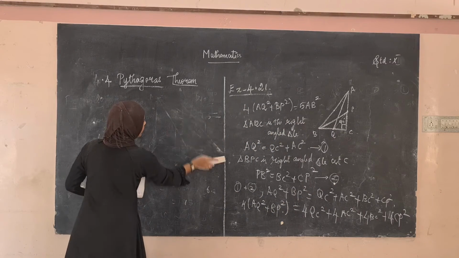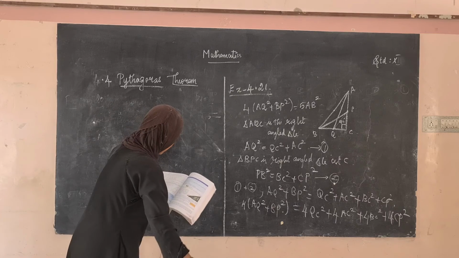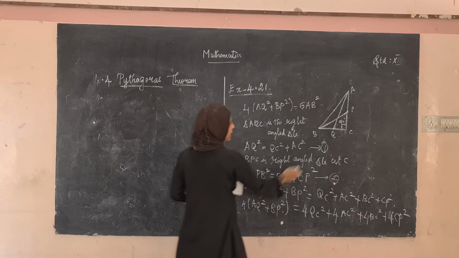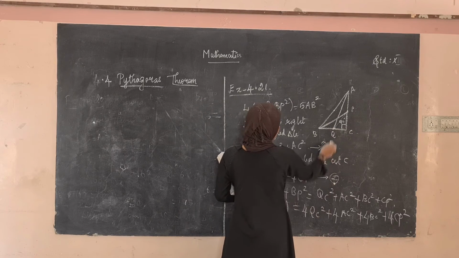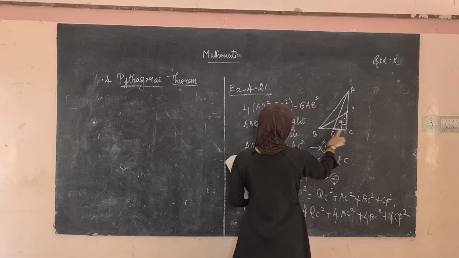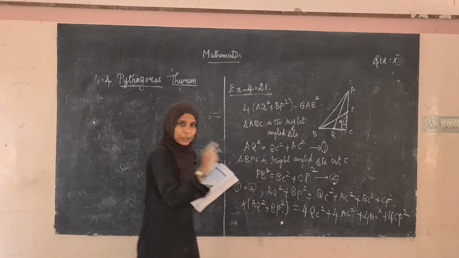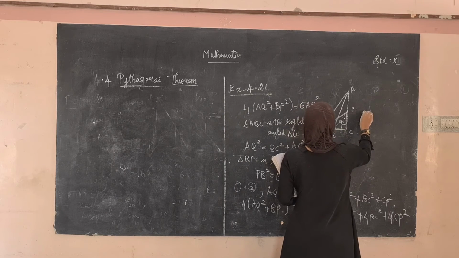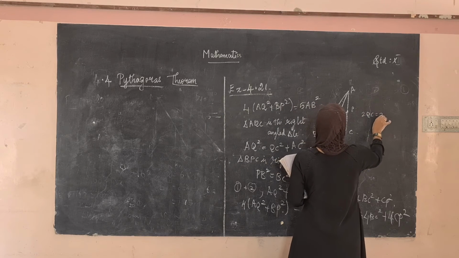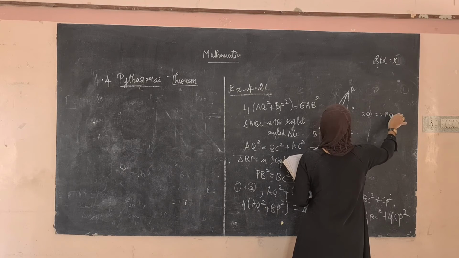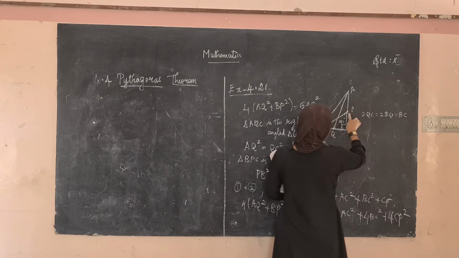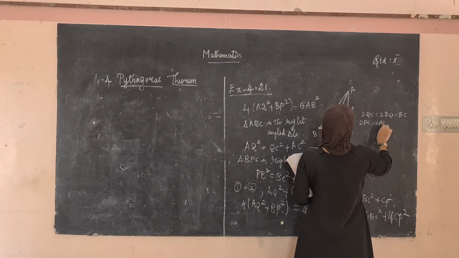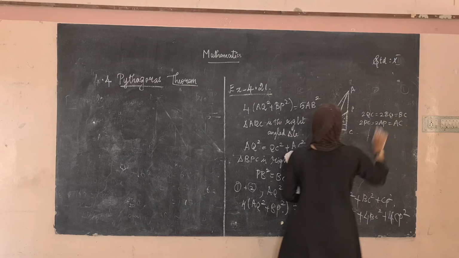So what can we do after this? See here, Q is the midpoint, right? Since this is the midpoint, 2 into QC is equal to BC. Similarly, since P is the midpoint, 2 into PC is equal to AC.